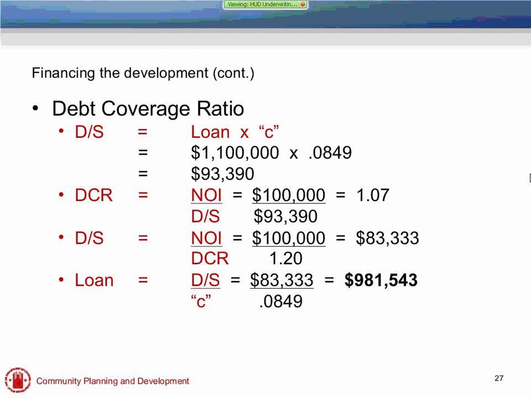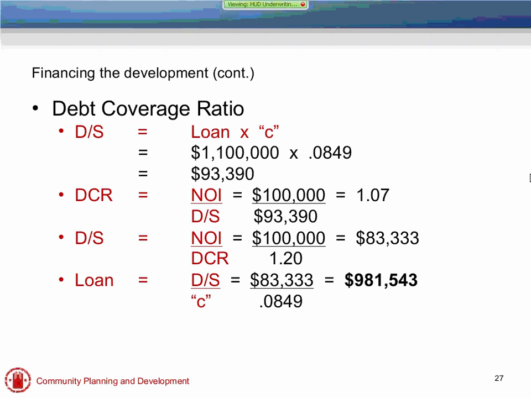So the way to determine what we can actually afford is to take our NOI again, $100,000, and divide that by the required debt coverage ratio of the lender of 1.2. So the debt service that we can actually afford to meet that criteria is $83,333.